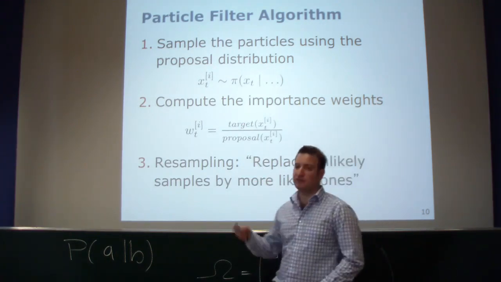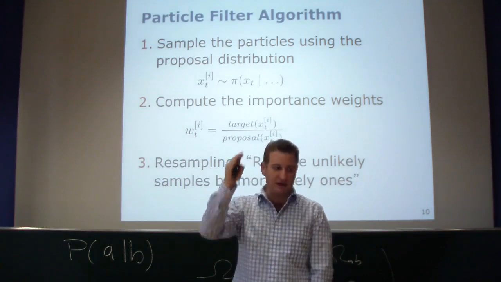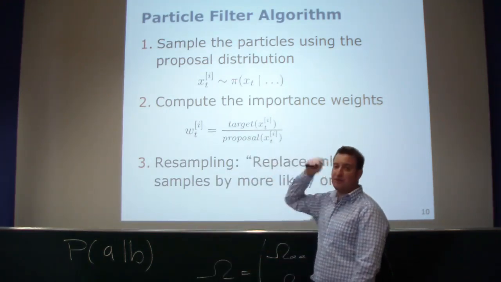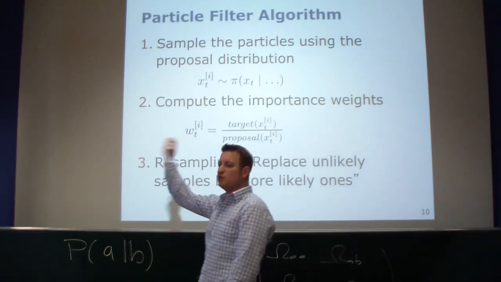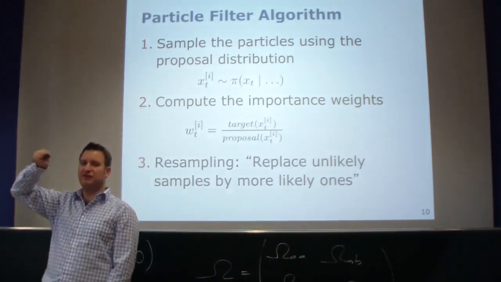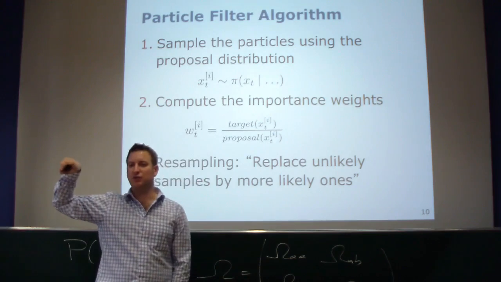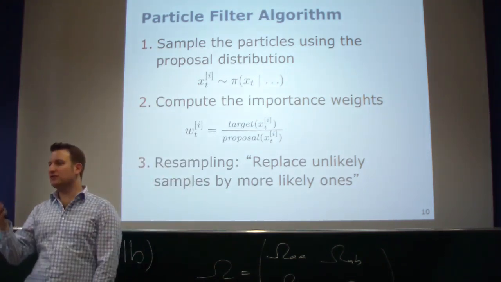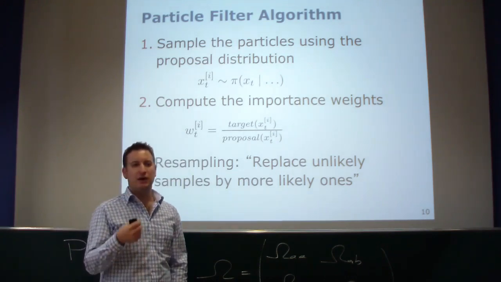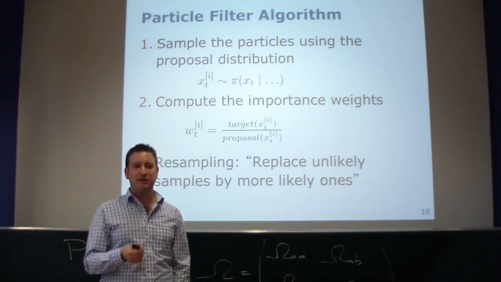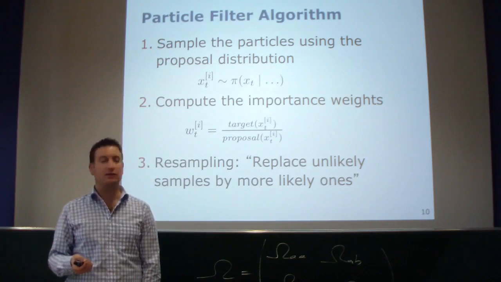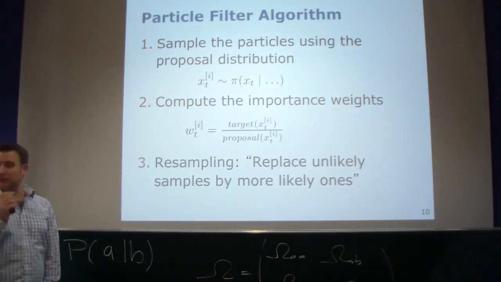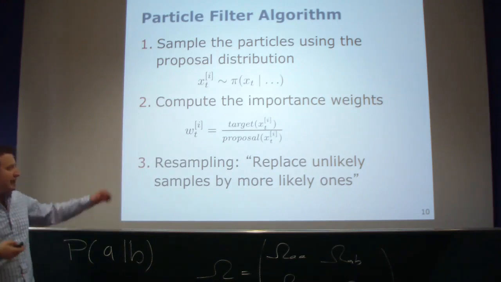It turns out that for the standard case of localization, if you take the motion model, P of x_t given x_{t-1}, u_t, as the proposal distribution, then this target divided by proposal is a term proportional to the measurement model, P of z given x_t. So you update the weight for every particle, so you have a weighted set of particles.